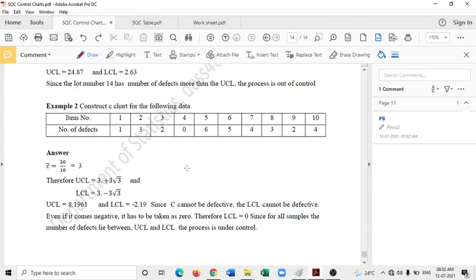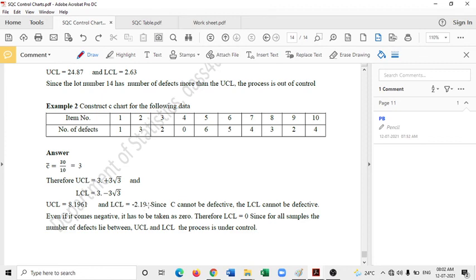So another example, again to construct a C chart. Here we have 10 subgroups, and the number of defects in the 10 subgroups are given in the second table, and C bar is equal to 30 by 10, that is, the central line is at 3. The upper control line and lower control line are determined according to this equation, and it is 8.1961, and the LCL is minus 2.19.